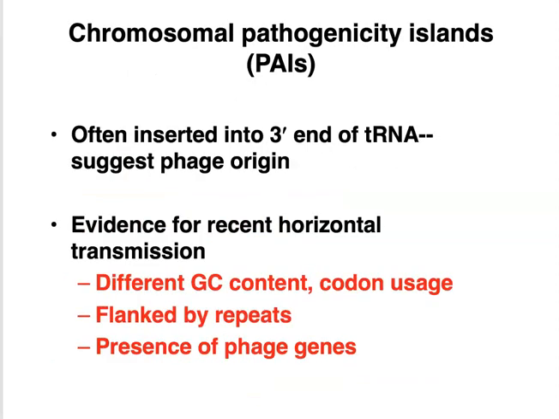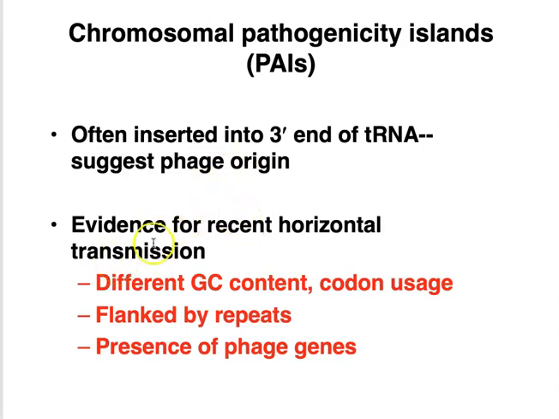But in order to identify these things, we can look at different features of them. For example, are they inserted into the 3' end of a tRNA? That suggests that the hunk of DNA came from a phage. The term for that is transduction. Anytime novel DNA is acquired that modifies the genotype of a bacterium and it arises from a phage infection, we call that transduction.